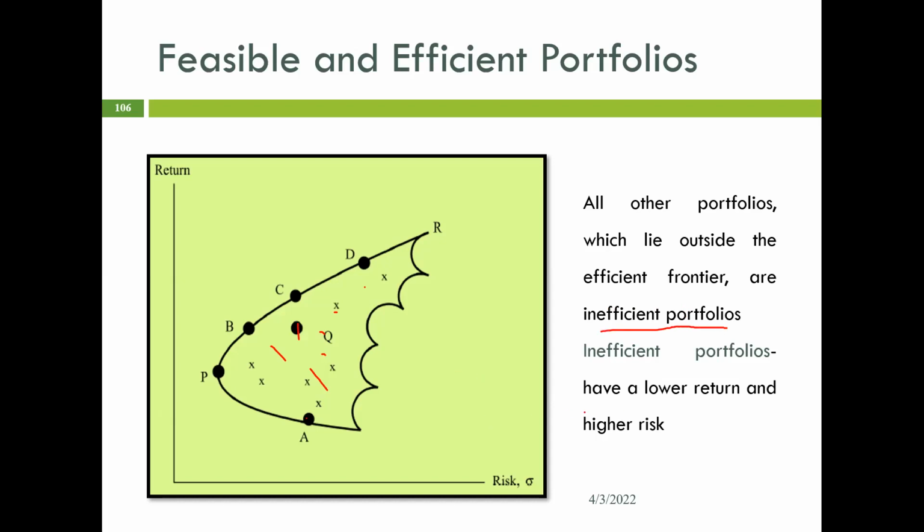Inefficient portfolios have lower returns and higher risk. දැන් මෙතන අපි මේ portfolio එක ගත්තොත් return එක අඩුයි. නමුත් මේ risk එක high risk එකක් තියෙනවා. ඒතර they are not efficient. So the portfolios from P to R, P, B, C, D, R, they are efficient. They are the efficient portfolios.